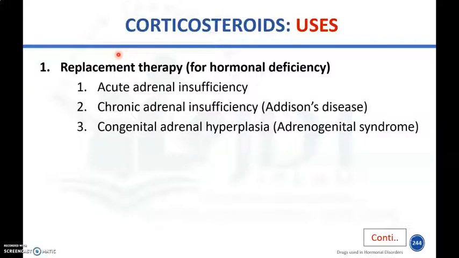We can use corticosteroid to replace the hormone in case of hormonal deficiency, like in acute adrenal insufficiency, chronic adrenal insufficiency or Addison's disease, and congenital adrenal hyperplasia like adrenogenital syndromes. So these are the different uses of corticosteroid as replacement therapy in hormonal deficiency.